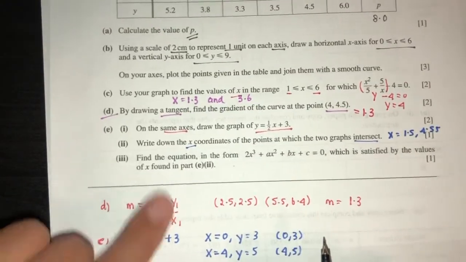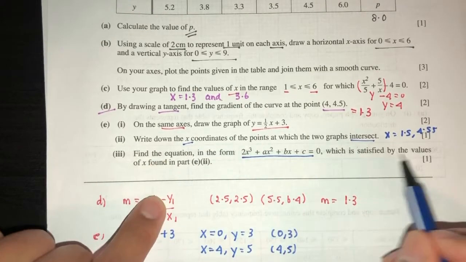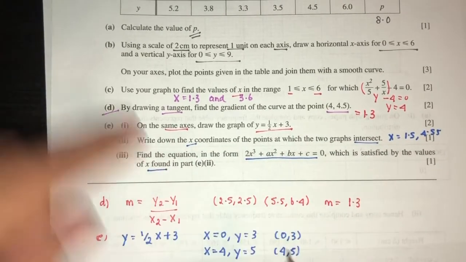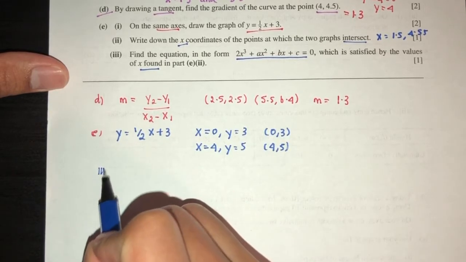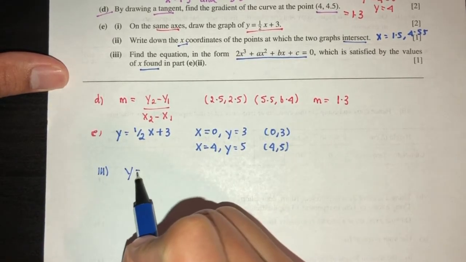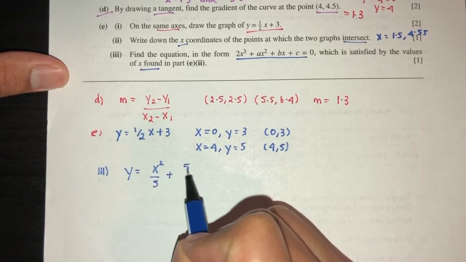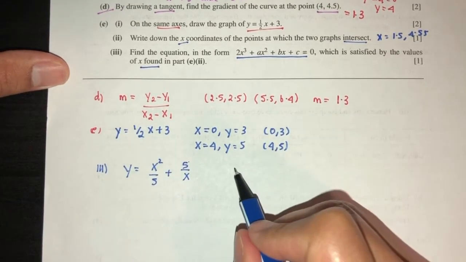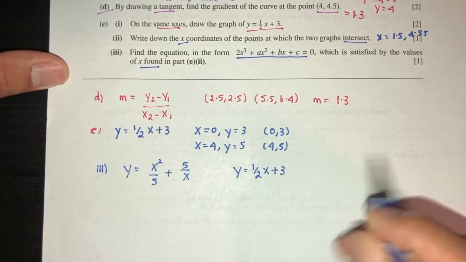Now for part 3, find the equation in the form of this which satisfies the values of x. So pretty easy. The values of x is just the intersection of the equation of the line and the equation of the curve. So let's do that. Part 3, the curve is given by y equal to x squared over 5 plus 5 over x, and the line is given by y equal to half x plus 3.